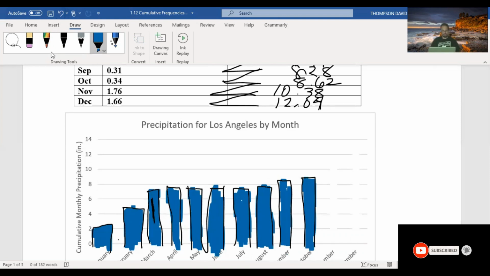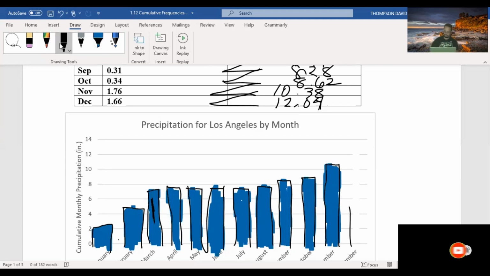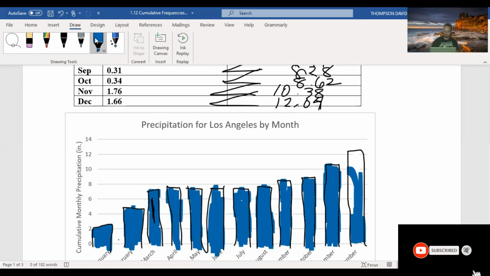So that's going to put us at 1.76 added to be at 10.38. Taking note how each bar is slightly higher. And the reason being is because we did add all of our precipitation together for the year. And then 12.04 for December. And we're done our bar graph.